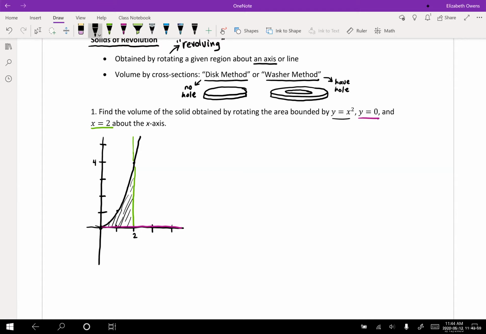So we're going to take this kind of ramp-shaped area there, and we're going to imagine rotating that around the x-axis.